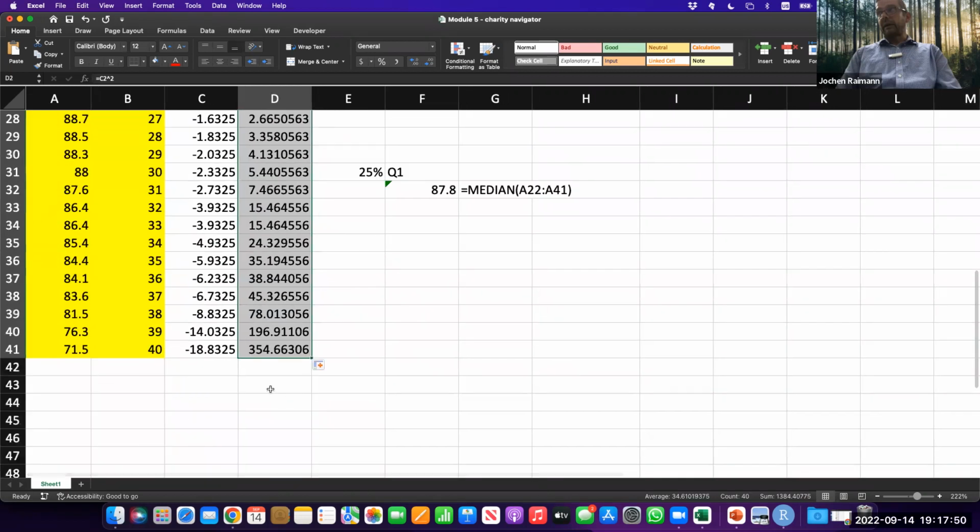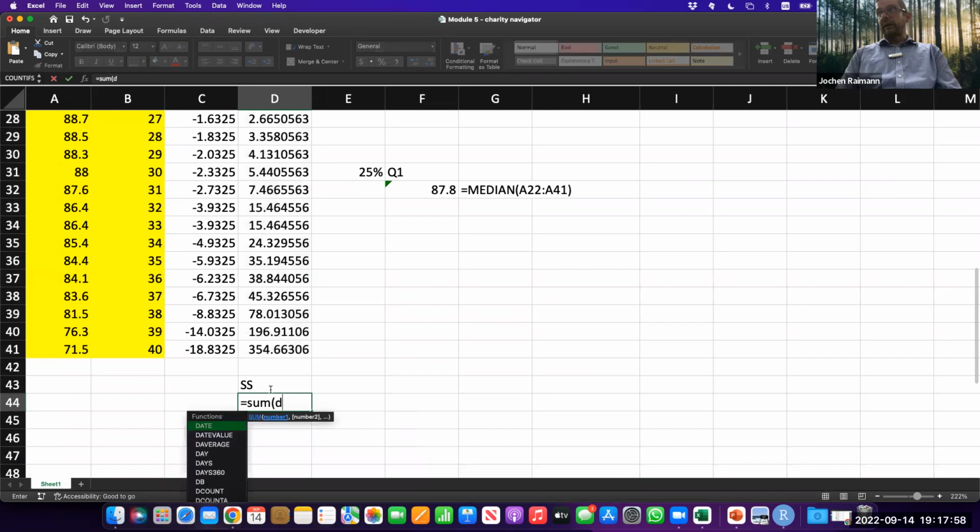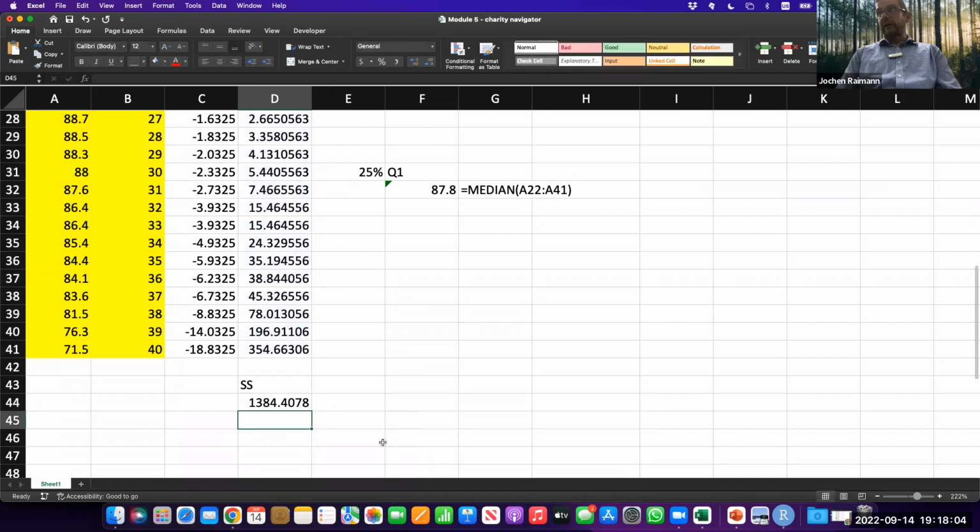These squared deviations we now need to sum up, which you do by SUM D2 to D41. That's the so-called sum of squares. And the sum of squares is a very important conceptual metric.